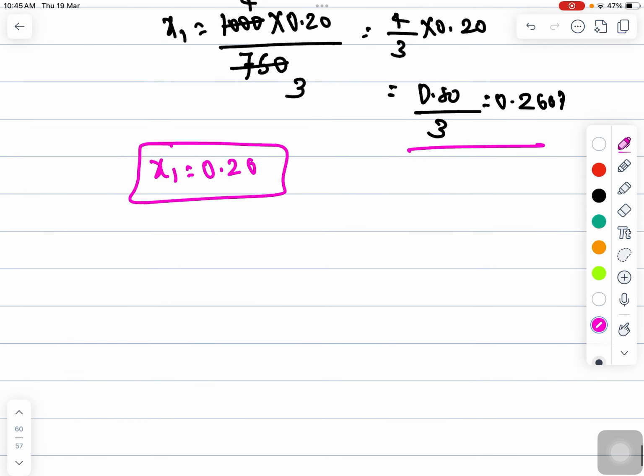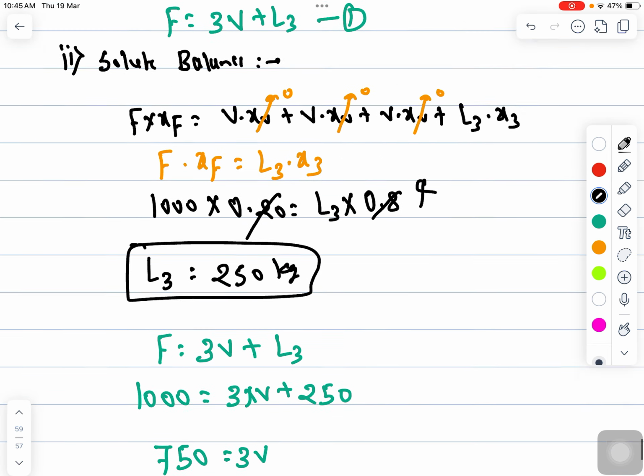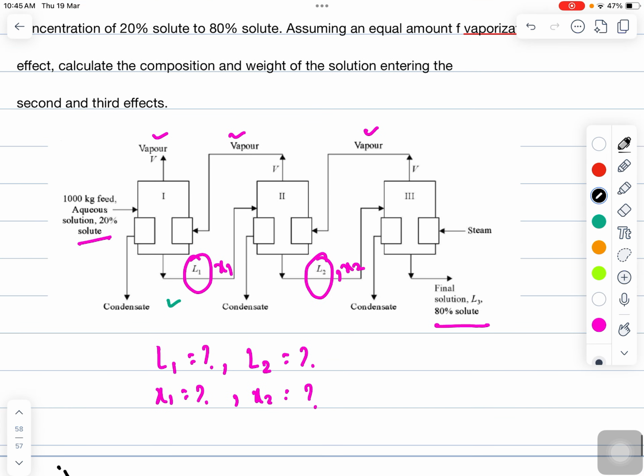Now applying the material balance in the second effect. If you see the second effect, L1 is coming in as feed, V is leaving and L2 is going out.